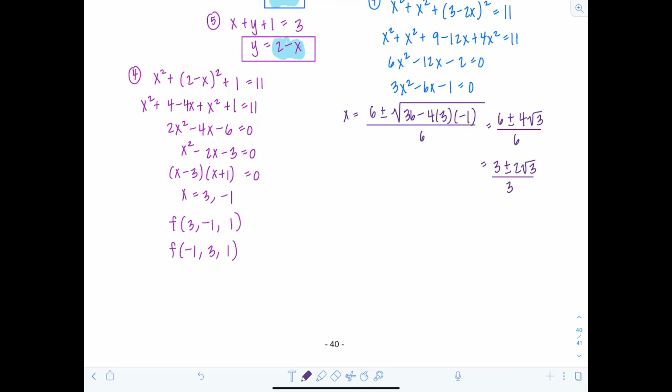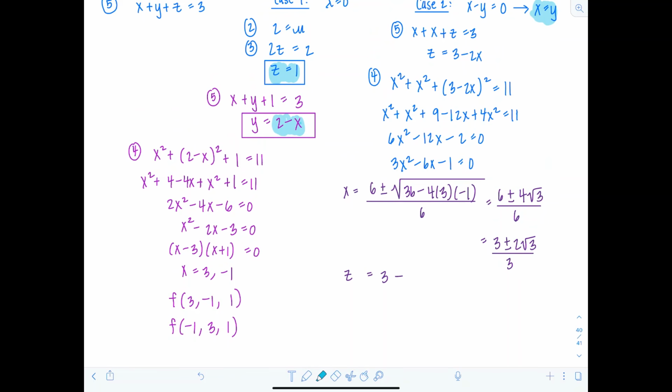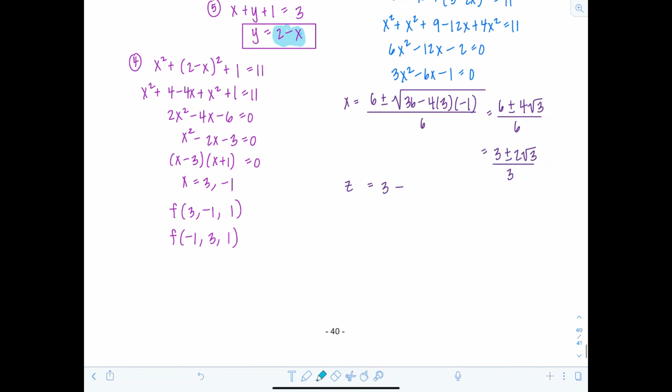So that's what x is going to be. X is equal to y, so don't stress about that. And then the only difference now is I have to find z. So z is going to equal, remember I have that from up here, 3 minus 2x, okay? So 3 minus 2 times 3 plus or minus 2 rad 3 over 3. Well, if I get a common denominator, that's going to be 9 over 3, right? So then I'm just going to end up with 9 minus 6, and then plus or minus 4 rad 3, but you're going to have the opposite sign there.